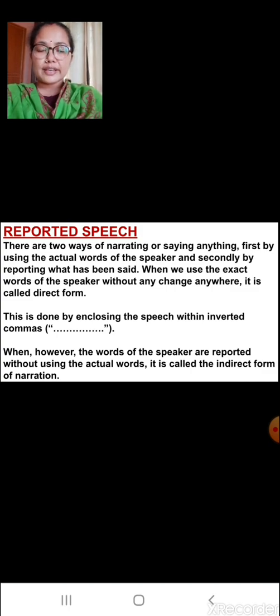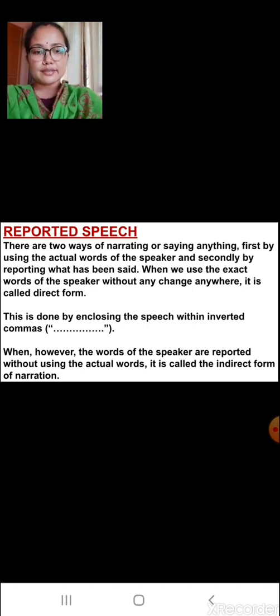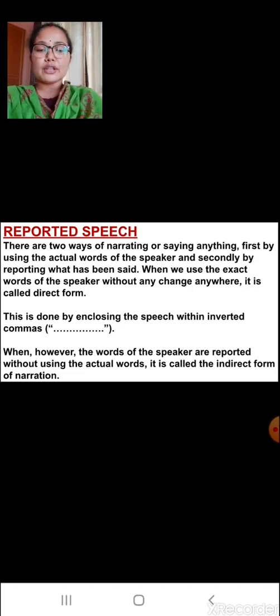We can define it as there are two ways of narrating or saying anything. First, by using the actual words of the speaker, and secondly, by reporting what has been said. When we use the exact words of the speaker without any change anywhere, it is called direct form.